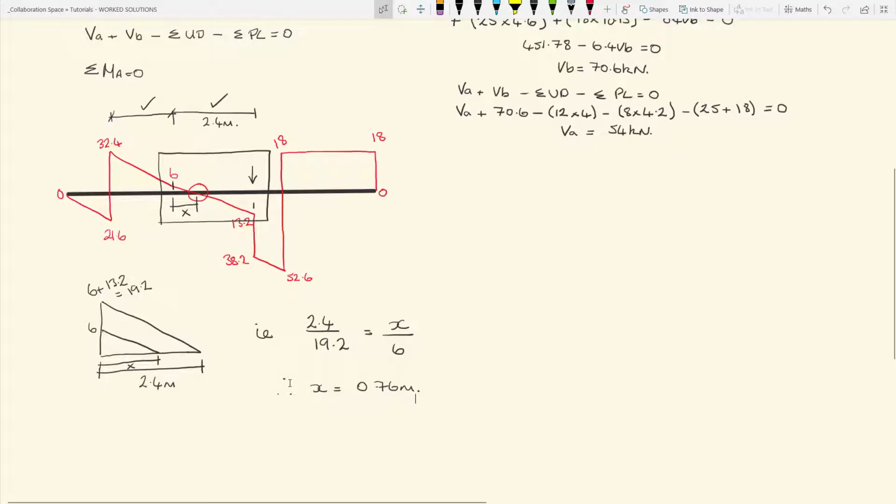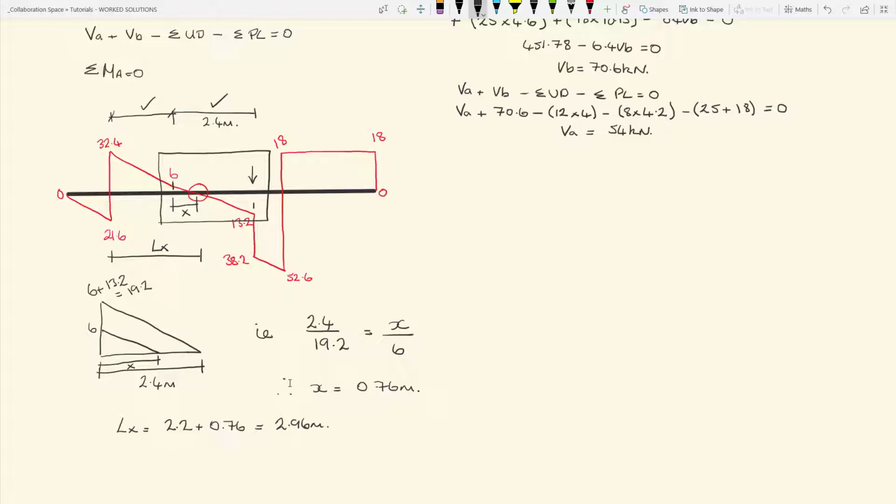If we write that in terms of a dimension from the support at A, let's call this dimension here Lx, we end up with Lx equals 2.2 plus 0.76, which is 2.96 meters.